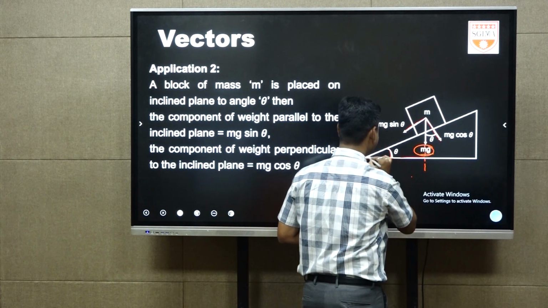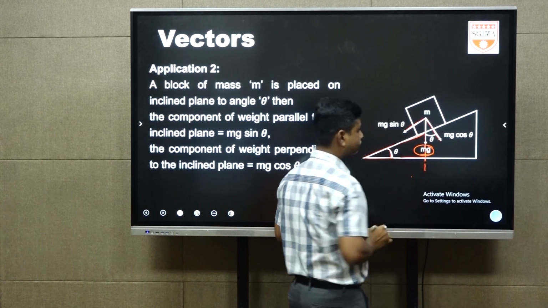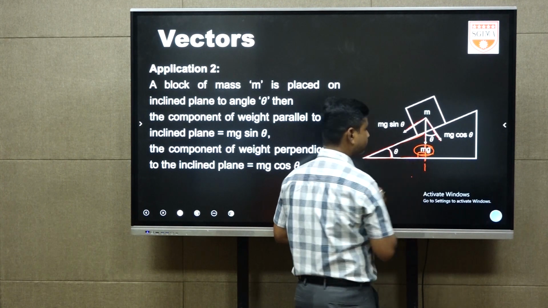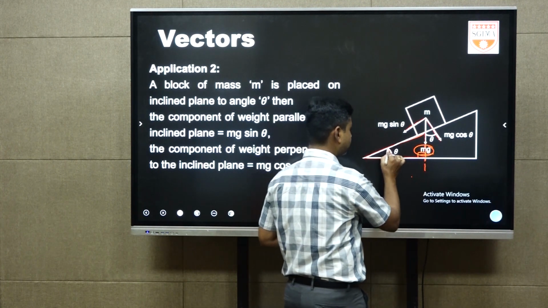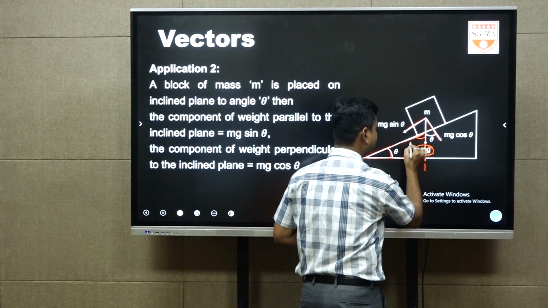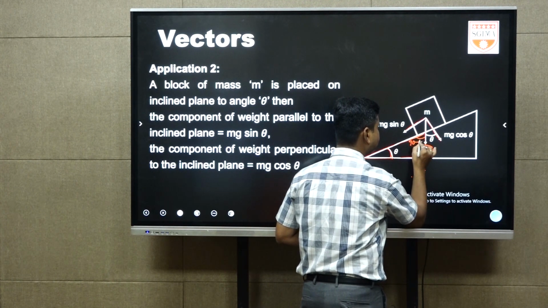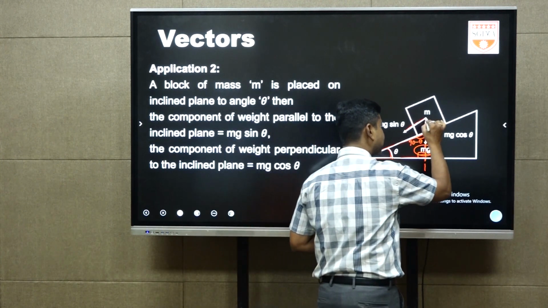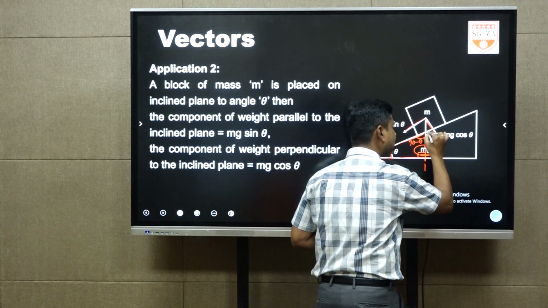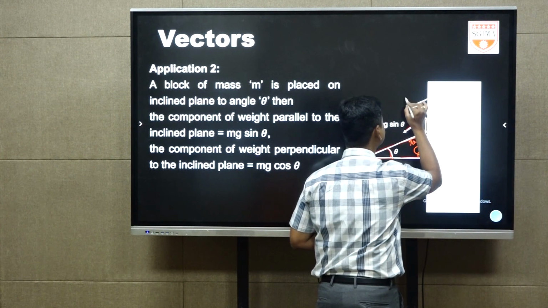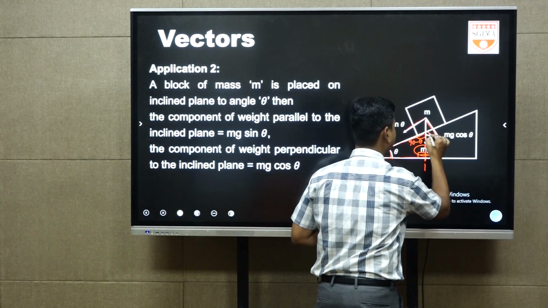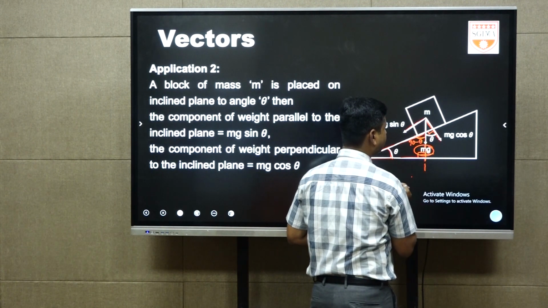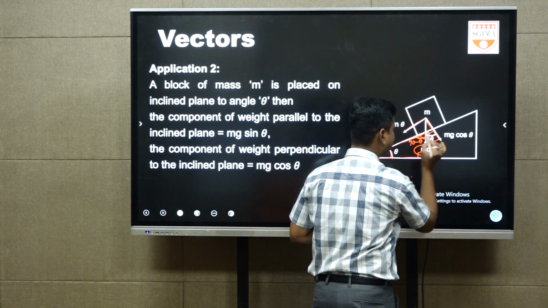Observe, it is a right angle triangle, this angle is 90, here the angle is theta, then this angle is 90 minus theta. This line is perpendicular to the incline, this angle is 90, this angle is 90 minus theta, but the total angle is 90.